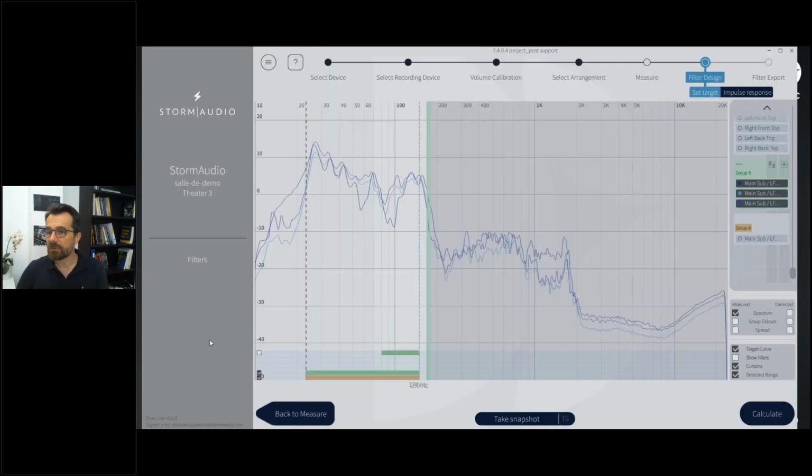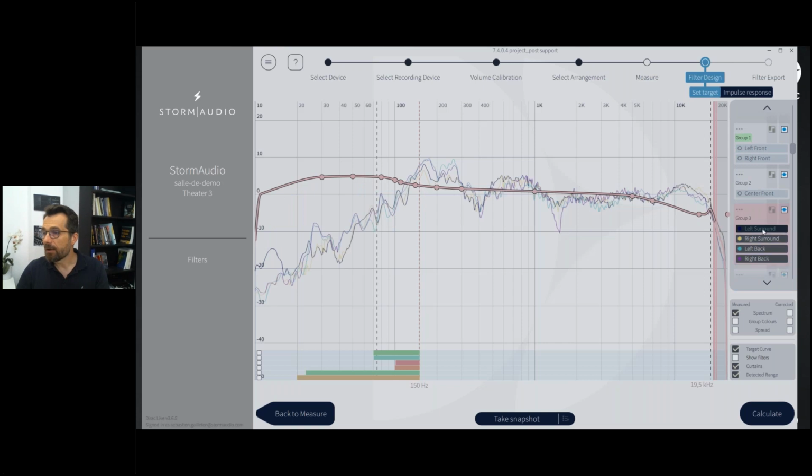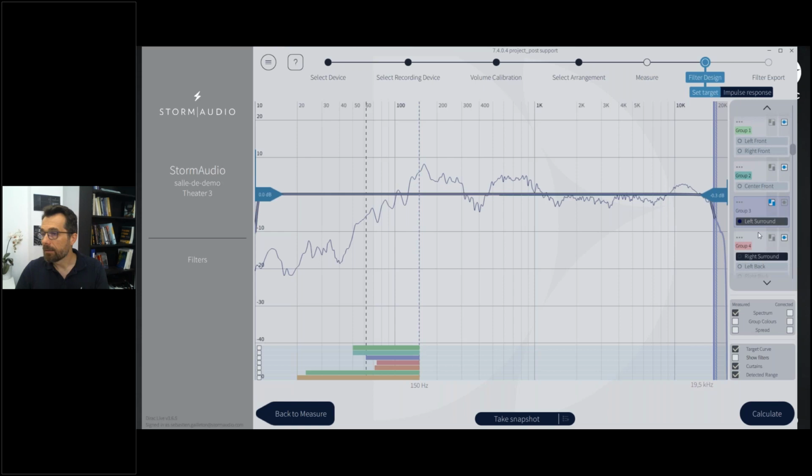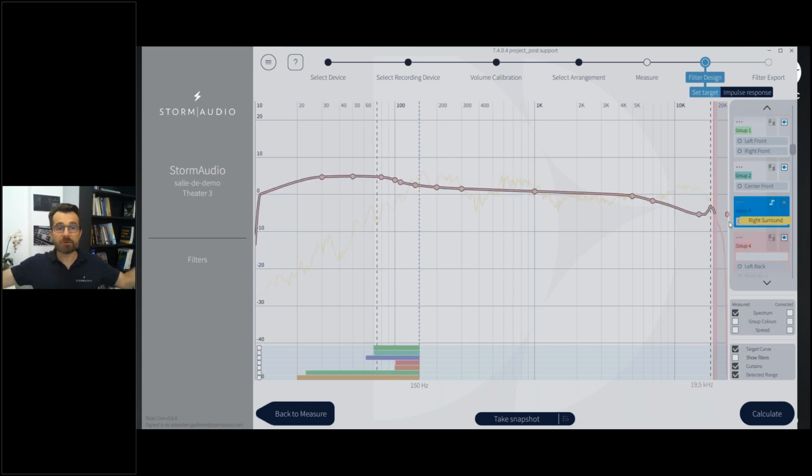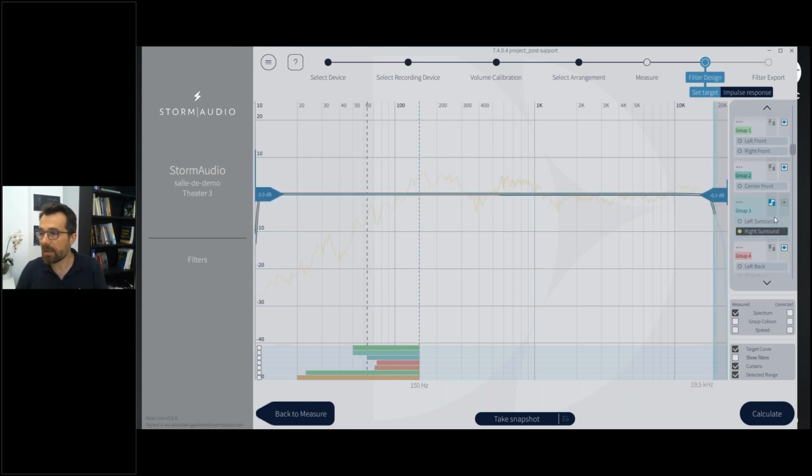So how this is illustrated, if you were to do that in my setup here, you would take your left surround and put it in a separate group. So you will take it out of this group. You will put your two surround speakers there, because I would say the same problem happens there.